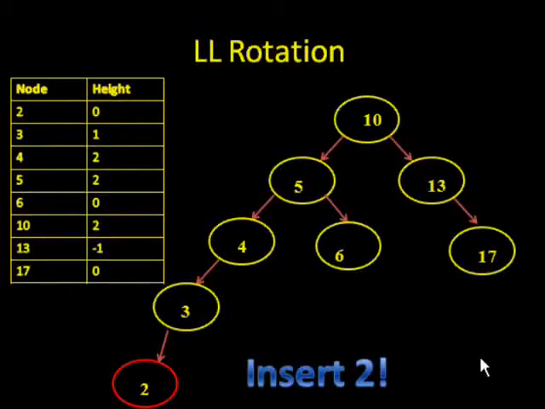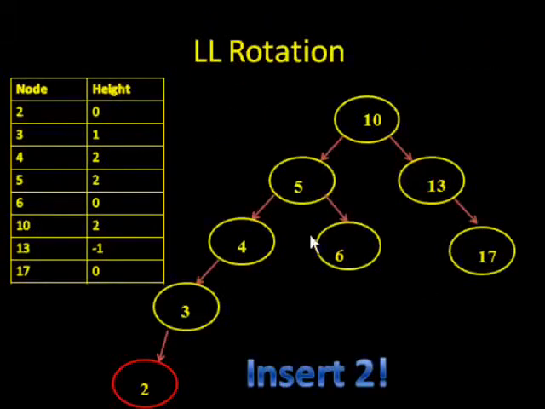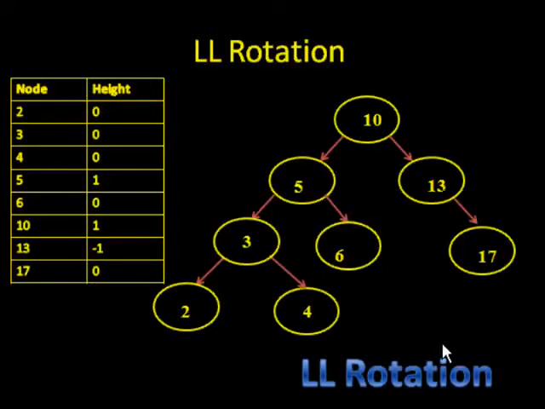If you insert the number, say, 2 into this tree that we have here, you can see that we can do a left-left rotation because we inserted the new element into the left-left side of the unbalanced node. And so, if we visually look at it as we rebalance it, this is what it will look like.